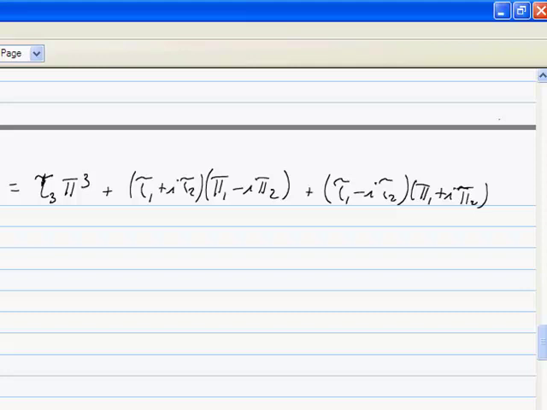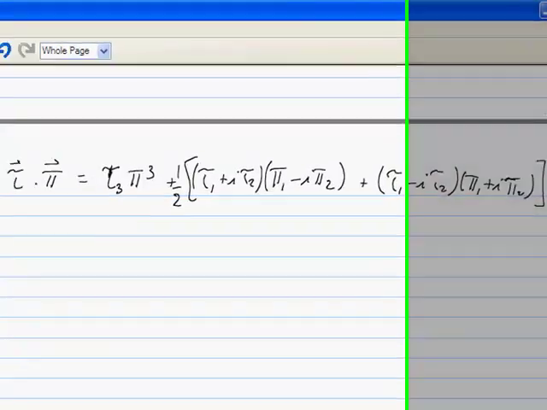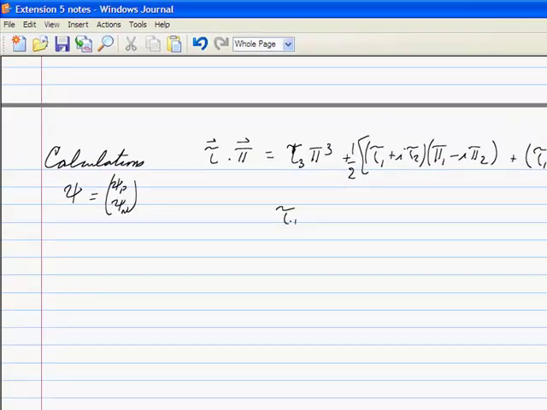I've got too many of those latter ones, so I have to put a half out in front. We'll take tau plus is 1/2 tau 1 plus I tau 2, and tau minus with a minus.